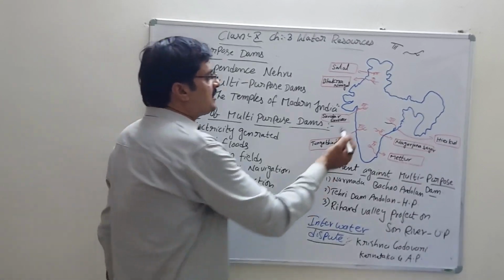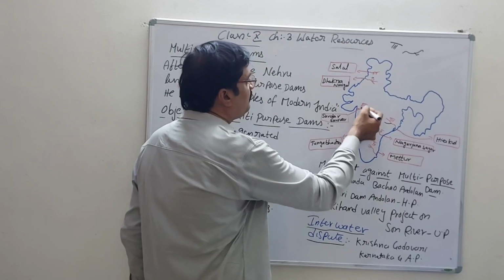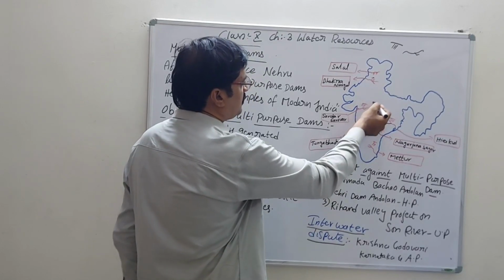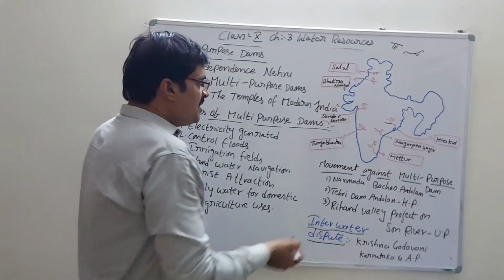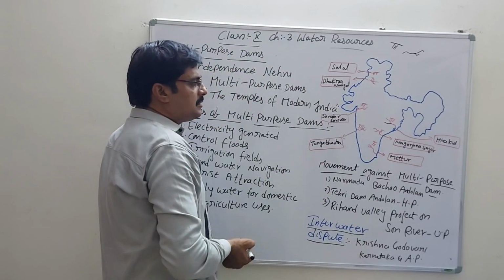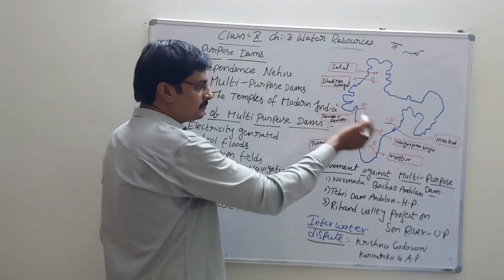It is located in Gujarat, with Maharashtra below and Madhya Pradesh above. This project, the largest dam, supplies three states.